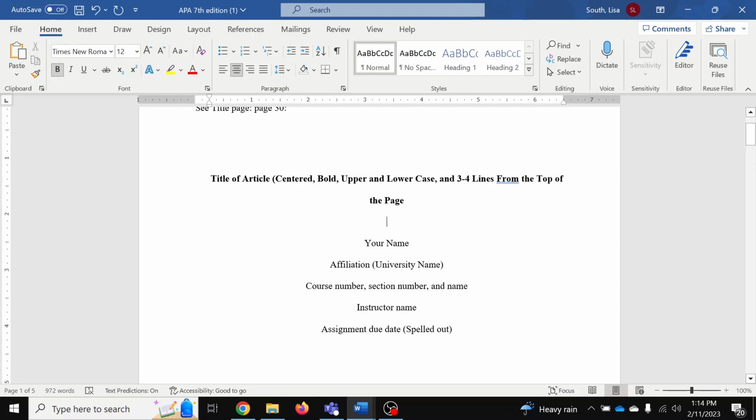The only thing that's not double spaced, or it is double spaced, put an extra space right here after your title on this page. Now, you need 6 lines on this page. The title is the first one, your name, Chamberlain University, the course number, the section number, the name of the course.